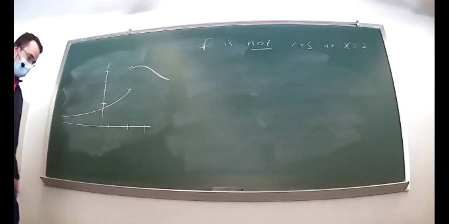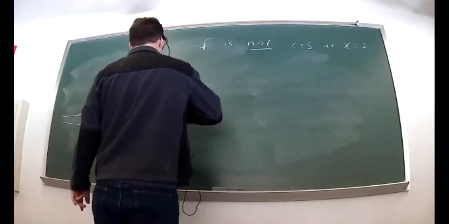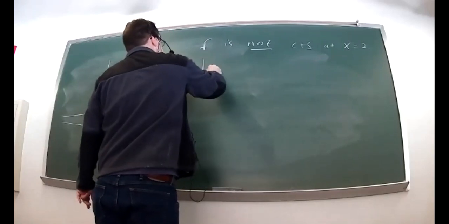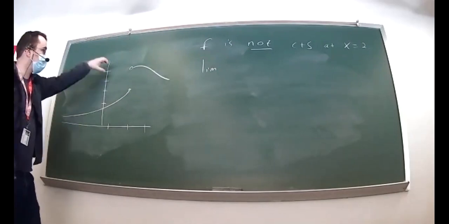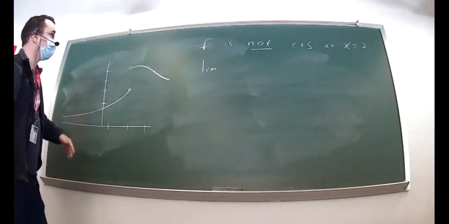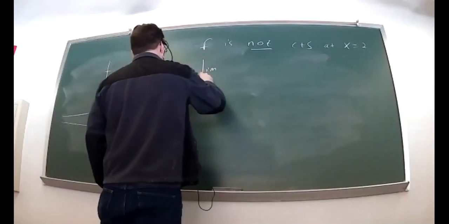So first of all, remember last time we discussed left and right limits? Even though the limit doesn't exist, both the left and the right limits do exist.